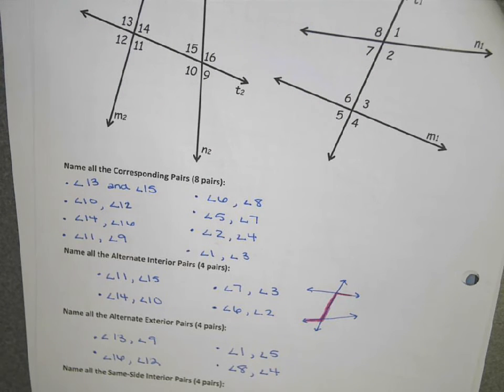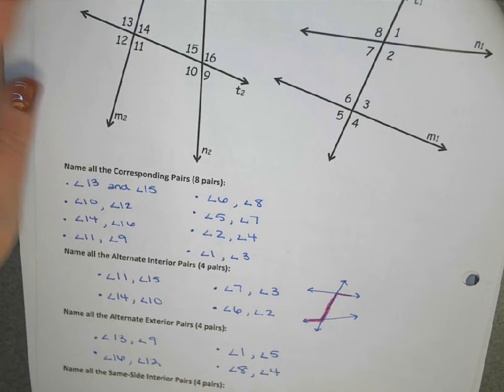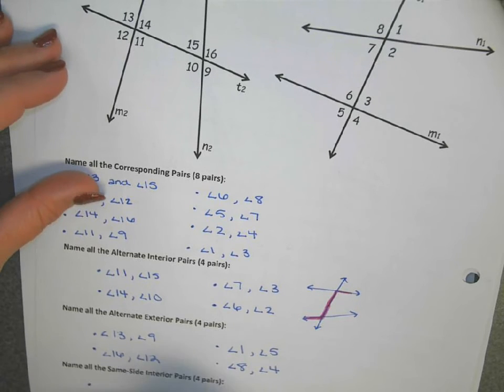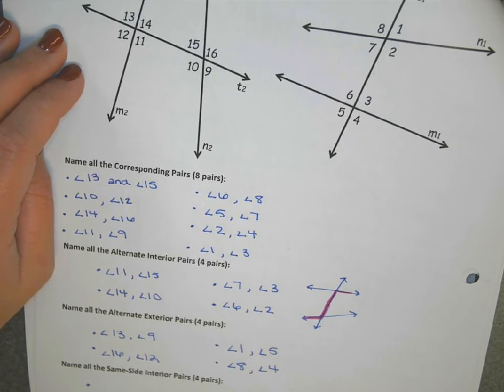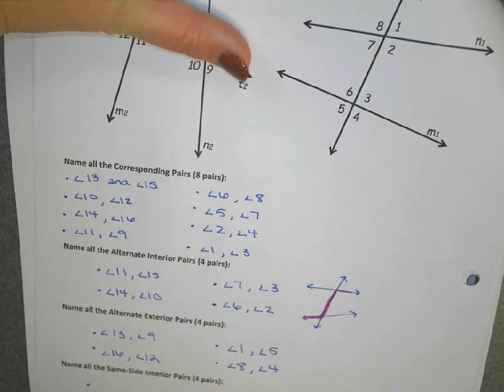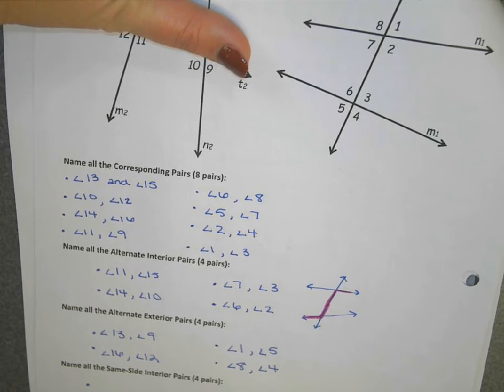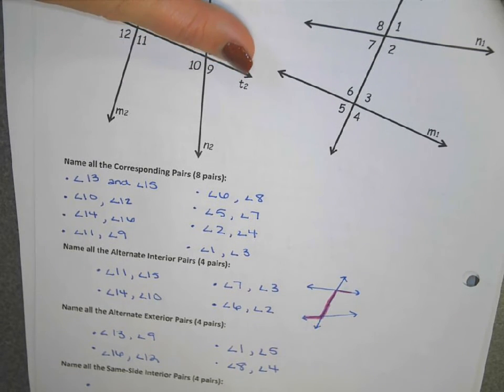Cool. All right. Name all the same side interior pairs. We have 2 on the left diagram, 2 on the right diagram. So same side of the transversal. Cover up one side of the transversal. And there we go. Okay, one side of my transversal is covered up. I'm looking for interior pairs.